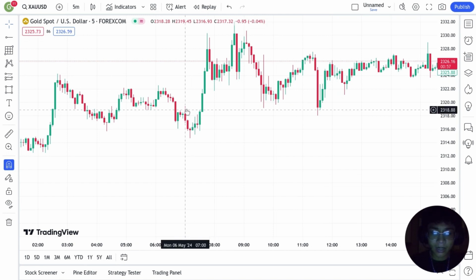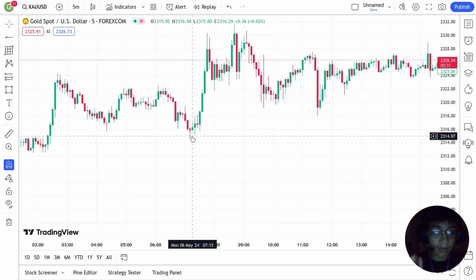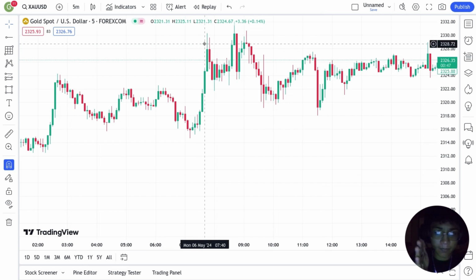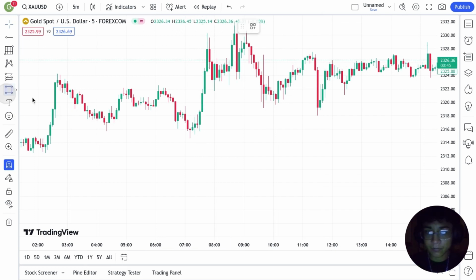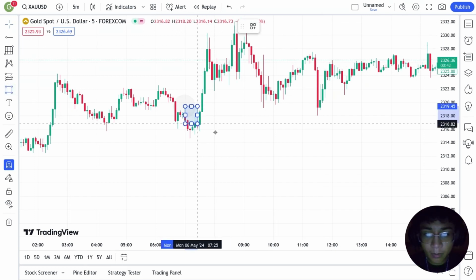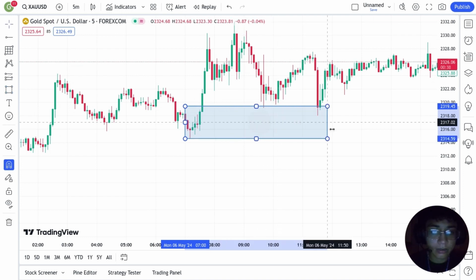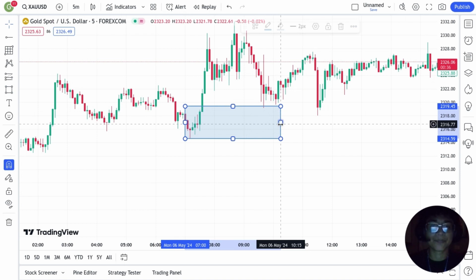So this move down is where we're gonna put our order block. Remember, it's the move down before the move up. That's our order block. Let me make that, alright, we need it to here.